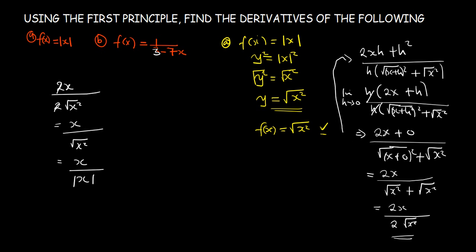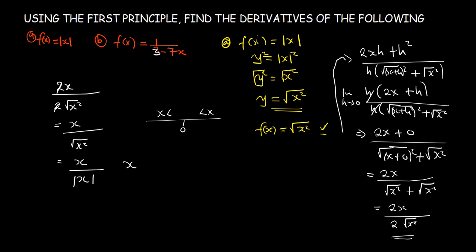All right, so absolute simply means an answer can be negative or positive. On the number line there is 0, right? Here they are negative, so this side x is less than 0, and this side x is greater than 0.